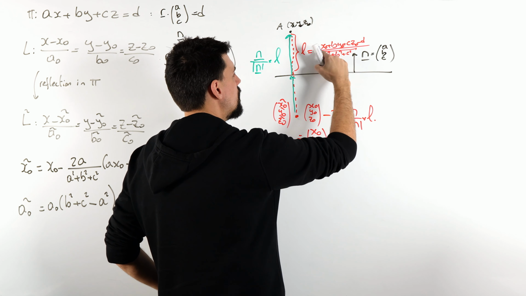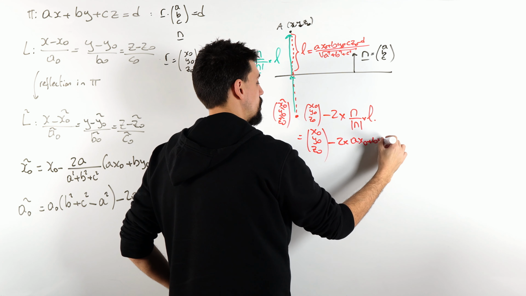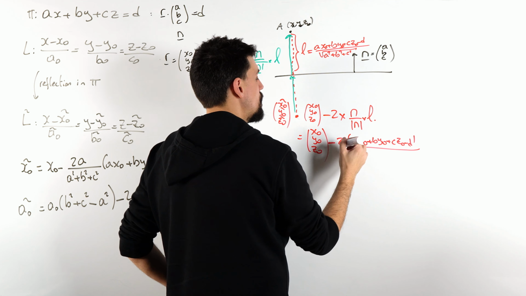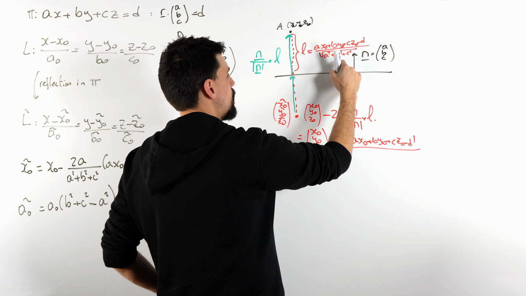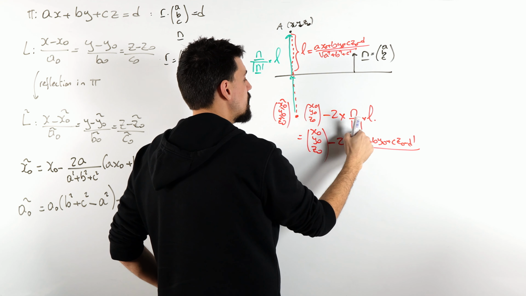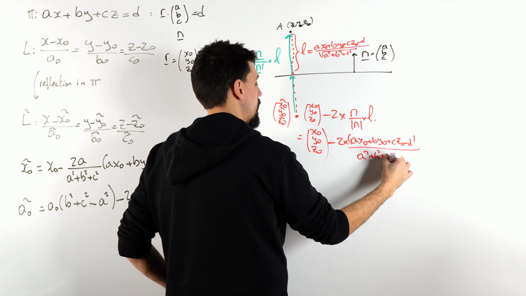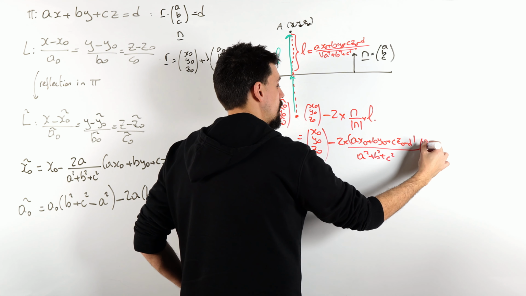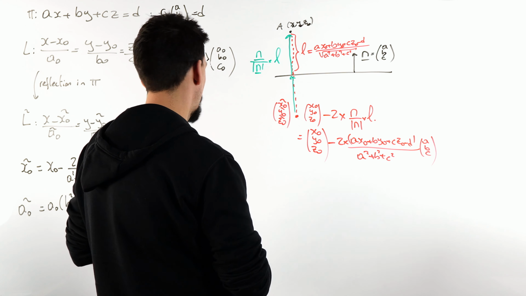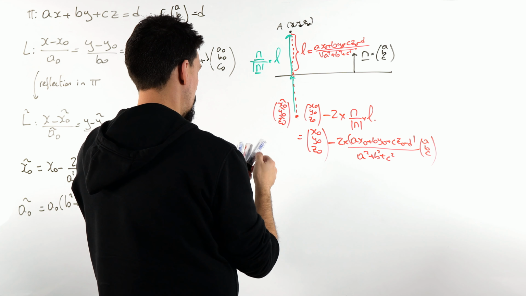Now we said L was all of this over, well, the square root of a squared plus b squared plus c squared is just mod n. So we're going to have that times mod n, which is just a squared plus b squared plus c squared, times the normal vector a, b, c. And as you'll see, we are pretty much there directly.